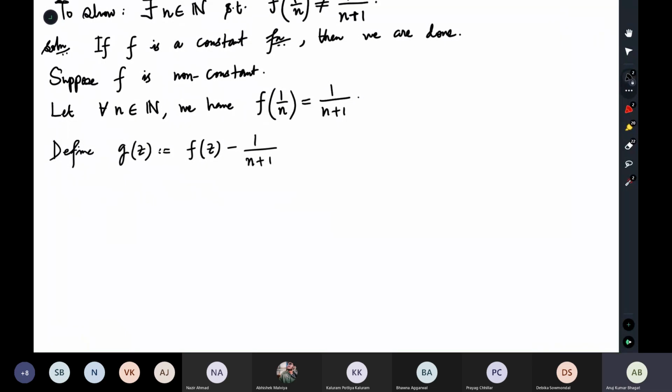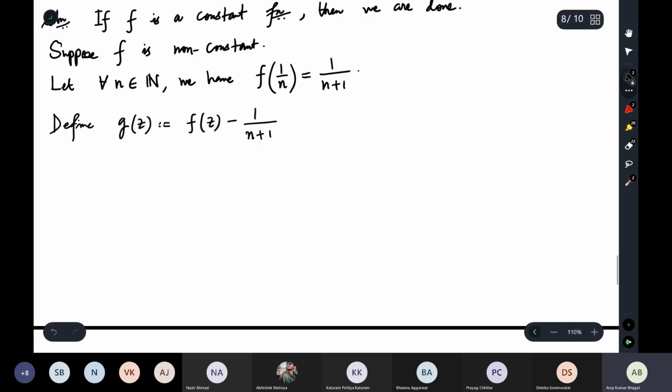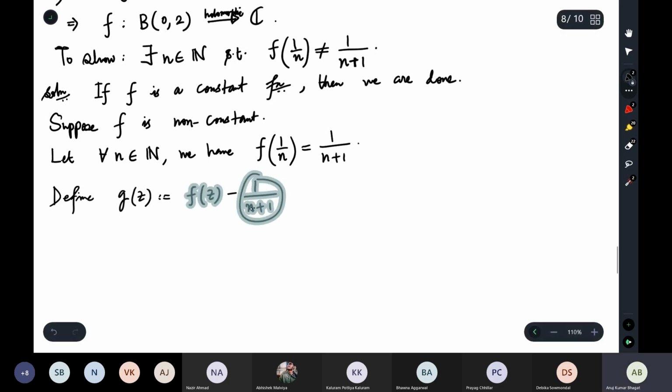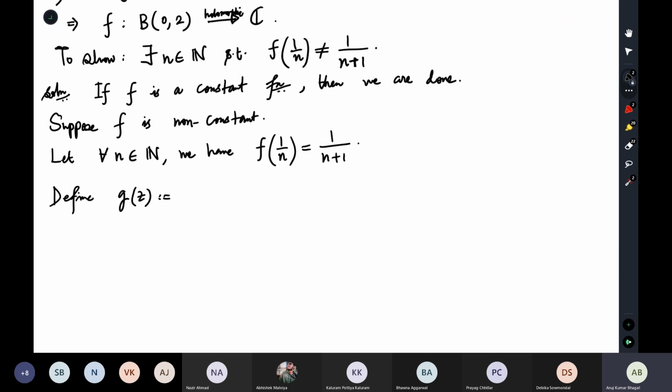The solution that I have done is indeed wrong. I'm realizing it now. I cannot define the function like this because this n is not fixed. Initially I did it this way, but it is a wrong solution because this makes no sense. For that I have to fix a particular n.